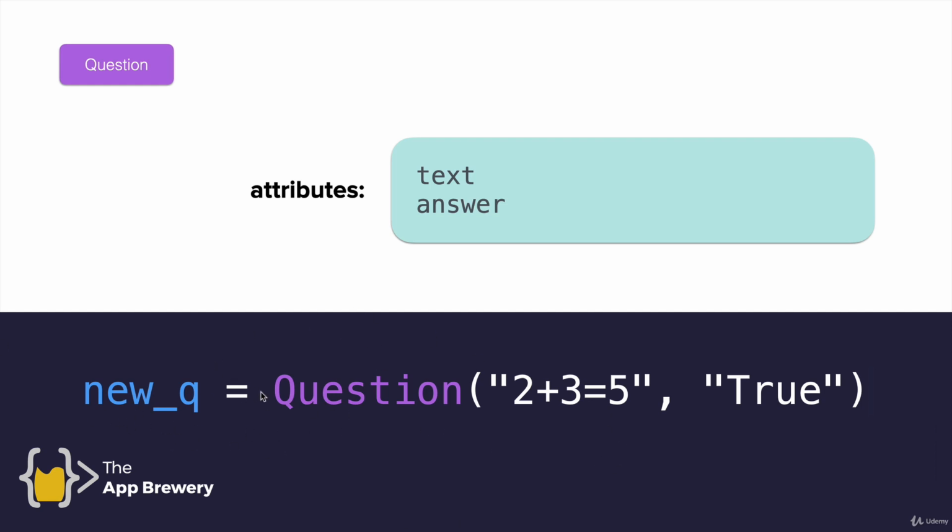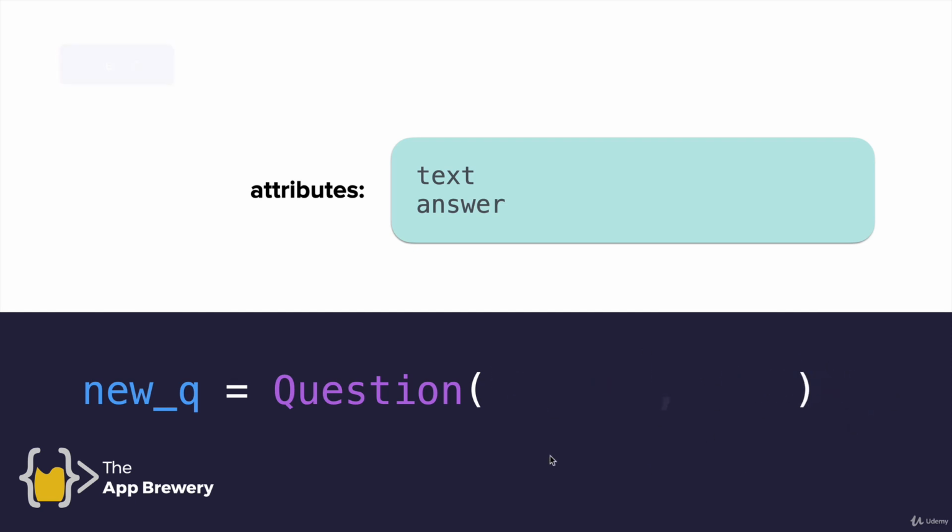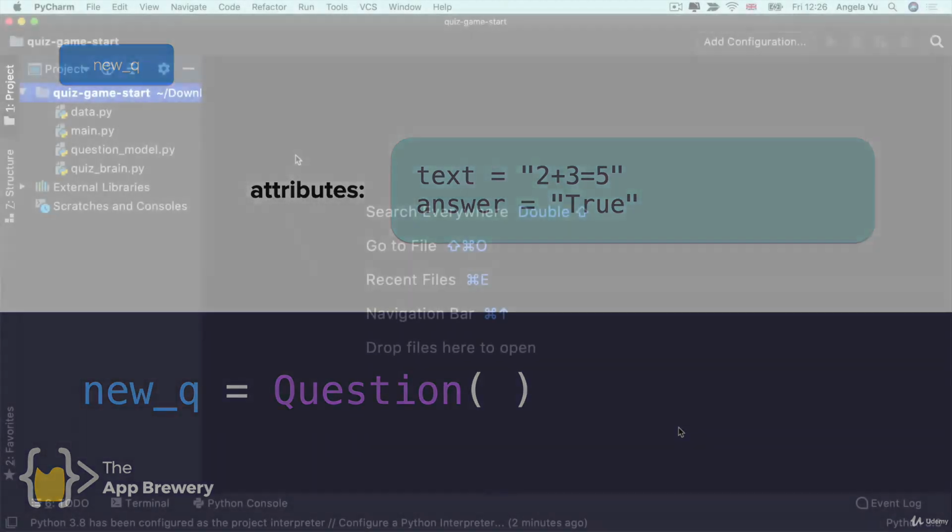And when this initialization goes through, the constructor code inside the question class will take these two pieces of data and then add them to the corresponding attributes, the text and the answer. And so our new question object will have both of these attributes initialized with a value when a new question object is being created.